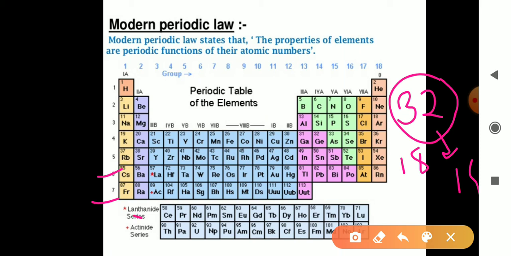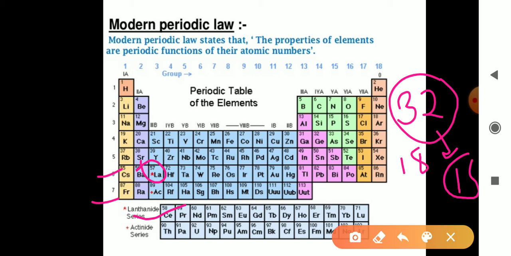So here we can see some elements are placed. For these remaining 14 elements, here we can see 57 is given, and from 57 the next atomic number given is 72. So the elements between these two are 14 elements, and those 14 elements are placed here.